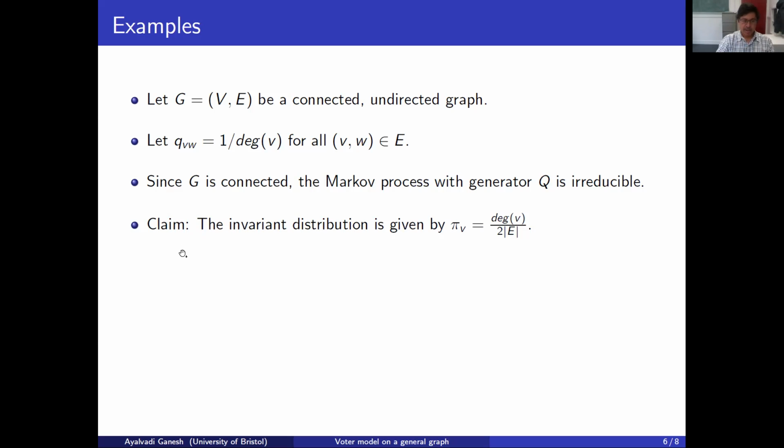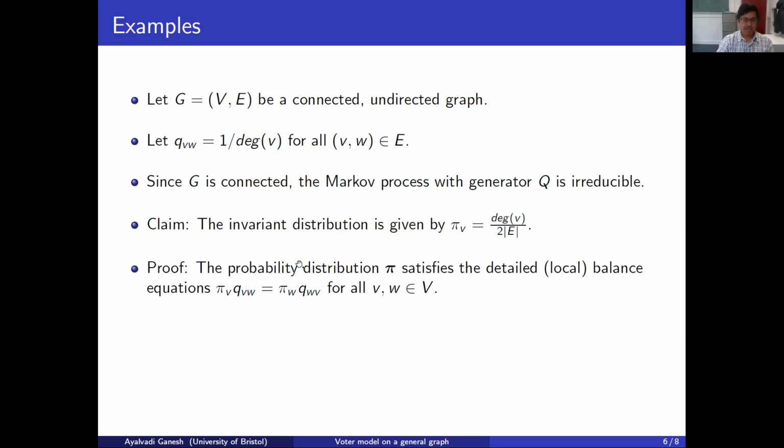So this is the claim. Let's prove this. The proof is easy: you guess that the random walk is reversible, and check that it satisfies the detailed balance equation. What are the detailed balance equations?